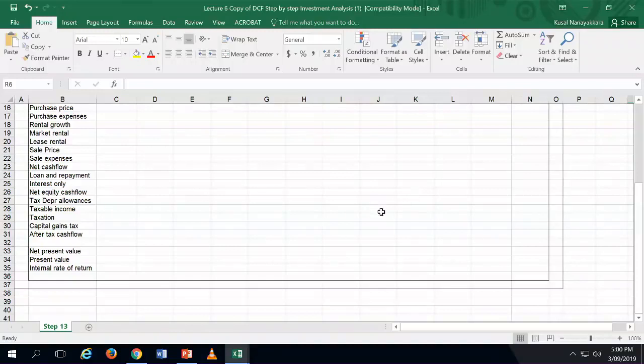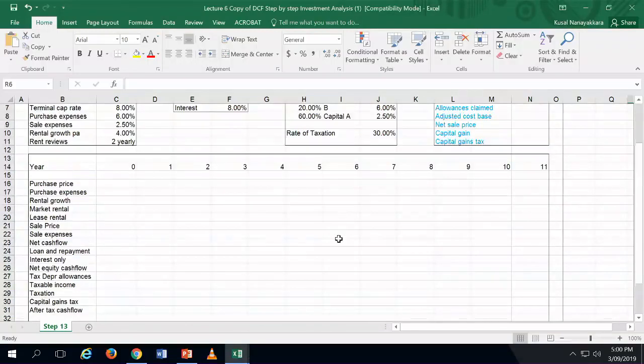For the cost base, do we have to include all the costs when we buy and sell the property, and also the interest payment? Interest payment is different. That's an actual payment. What will be included are the capital allowances plus tax depreciation.